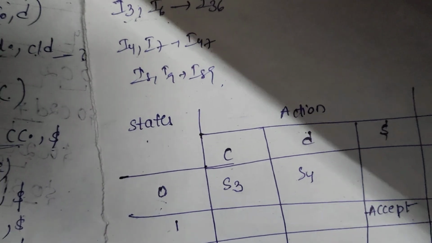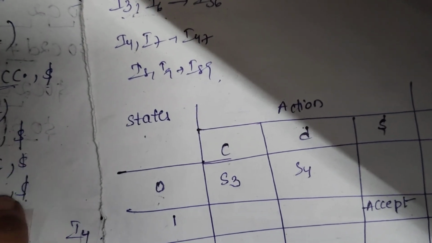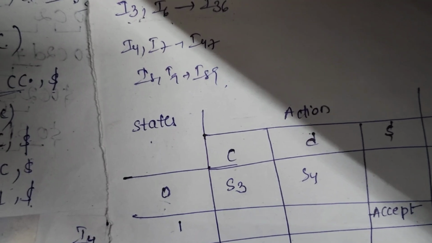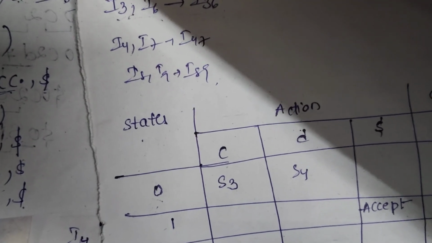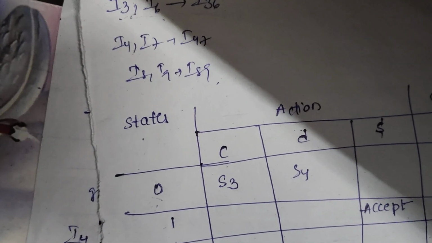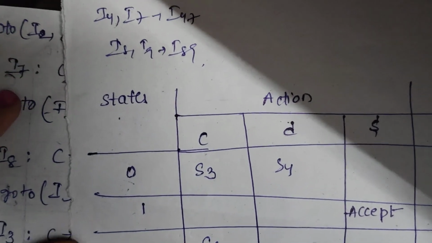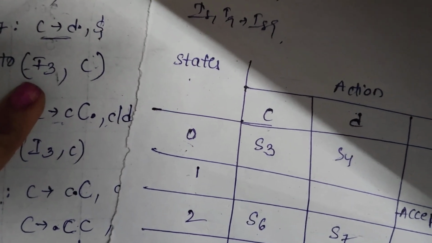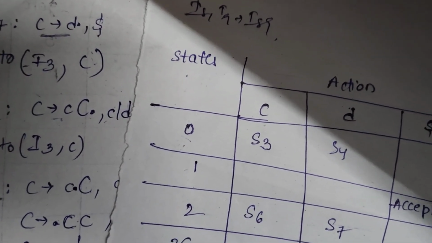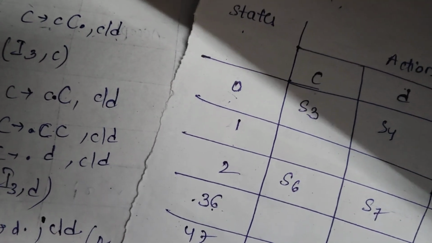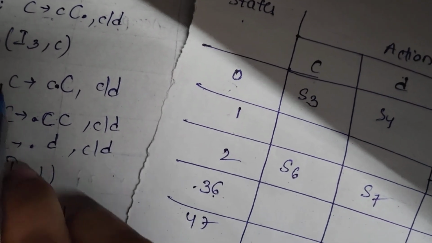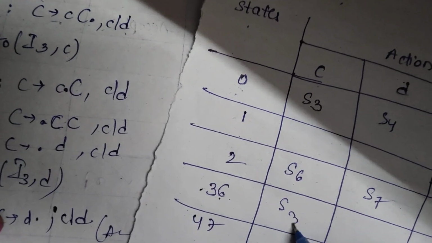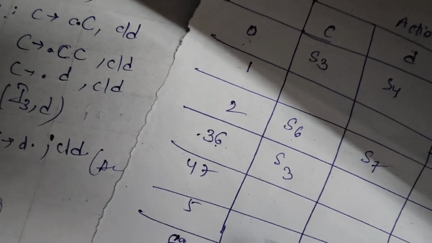Next, 2 comma small c is 6. 2 comma small d is 7. 3 comma capital C is 8. 3 comma small c is 3 only. Next, 3 comma small d is 4.